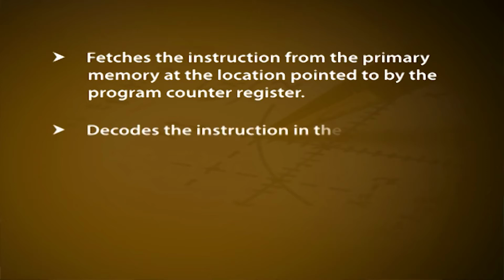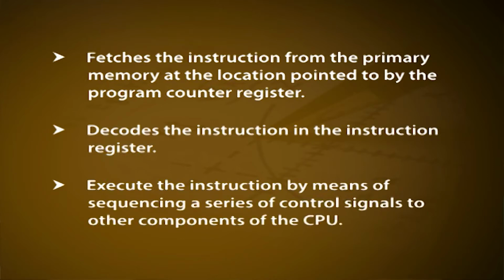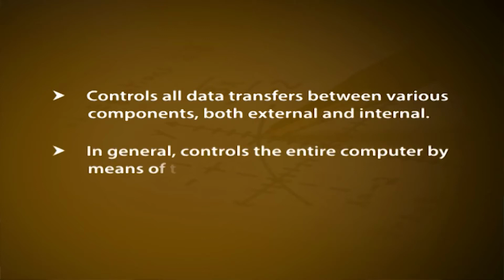Decodes the instruction in the instruction register. Execute the instruction by means of sequencing a series of control signals to other components of the CPU. Controls data transfers between various components, both external and internal. In general, controls the entire computer by means of the timing and control unit.